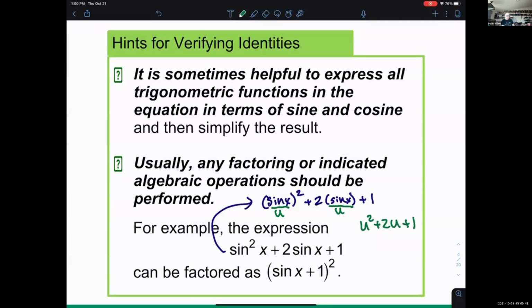And if you make that substitution, then all of a sudden it looks like the factoring that you did in algebra. Then you may be able to recall that this was called a trinomial and that we practiced factoring trinomials. u squared is achieved by doing u times u. 1 is achieved by multiplying 1 times 1.